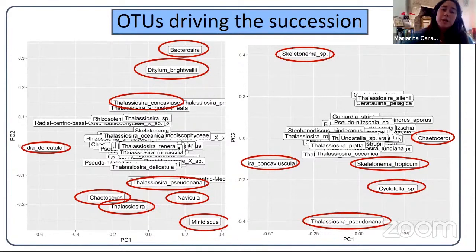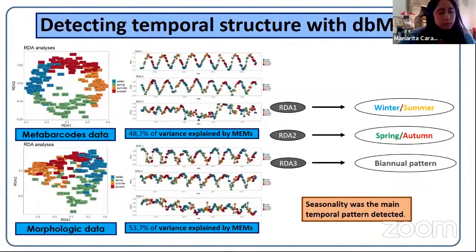But coming back to the temporal structure of my communities, we were also able to detect the temporal patterns very precisely thanks to the dbMEM models. Basically, we did an RDA analysis between the dbMEM and our community and extracted the main temporal patterns, which are all concerned with seasonality.